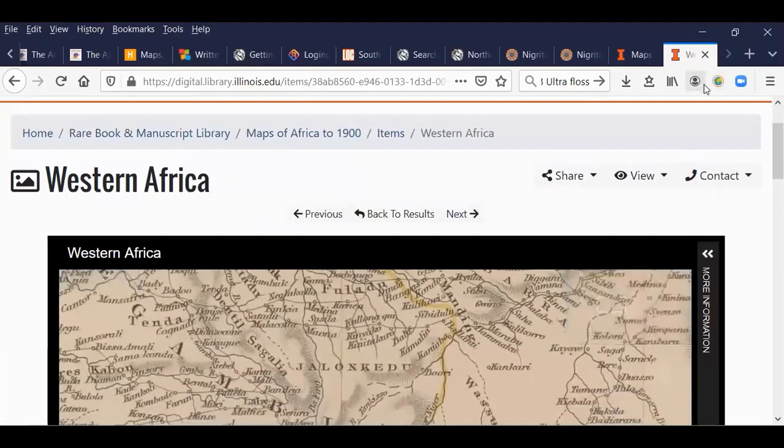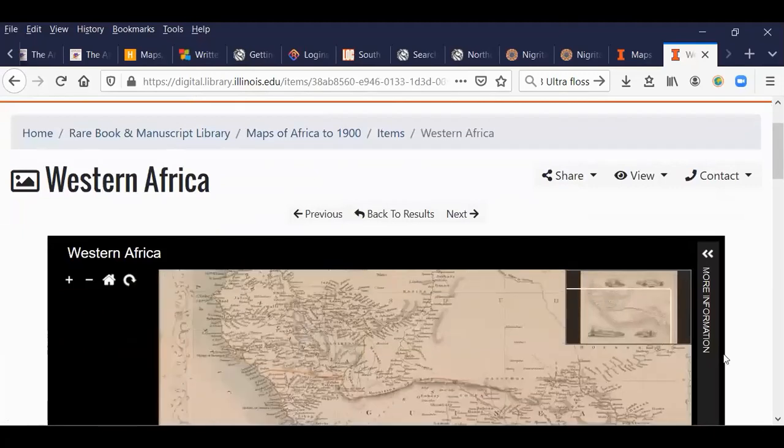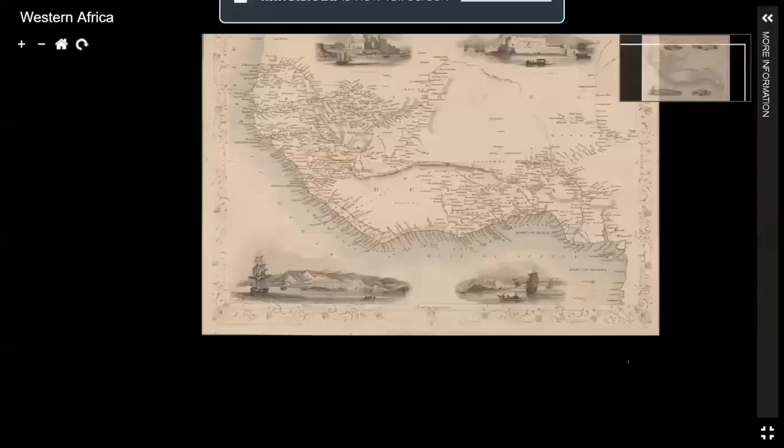Let's see if we can call it up as a full screen representation here and see what its strengths are and what its particular weaknesses are.